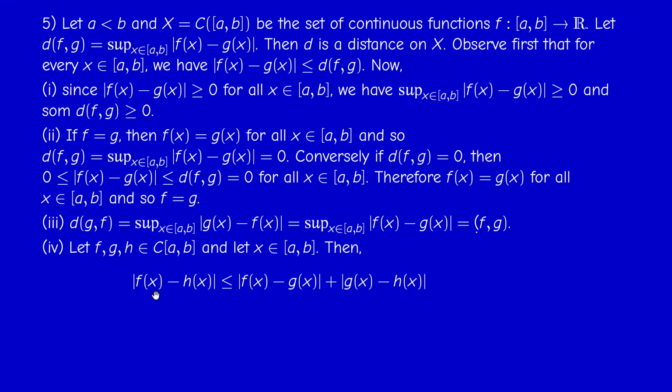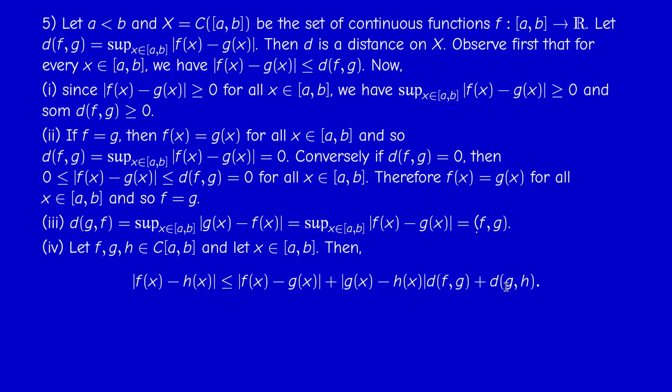Now if I fix x in [a,b], and take three functions, f, g, h, then |f(x) − h(x)| is less than the sum, |f(x) − g(x)| plus |g(x) − h(x)|. So this is the usual triangle inequality of high school, for real numbers.